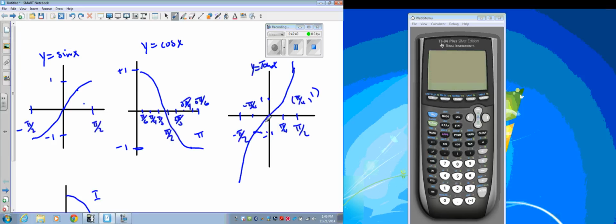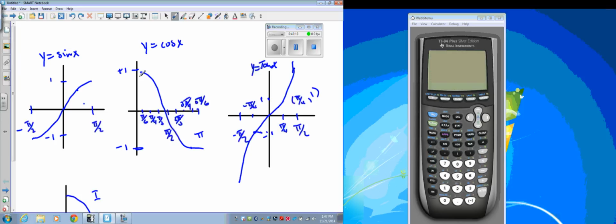So anytime you have values between minus 1 and plus 1, they're going to give you sine inverse values that are going to range from minus pi over 2 to pi over 2. And this is just a universal thing. It's in the calculator. I've shown it. That's the way they do it. And then cosine is going to be defined between 0 and pi, or 0 and 180 degrees.